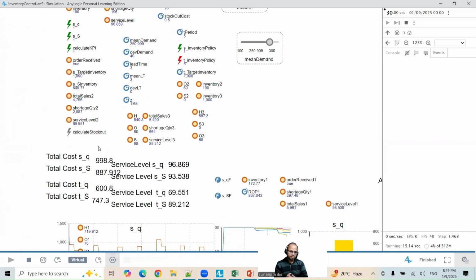And we'll still see that the S policy is having the lower cost with above 90% service level, whereas the fixed periods are not performing that well in terms of the service level. So this is on the leadership to take a decision on which policy to include.